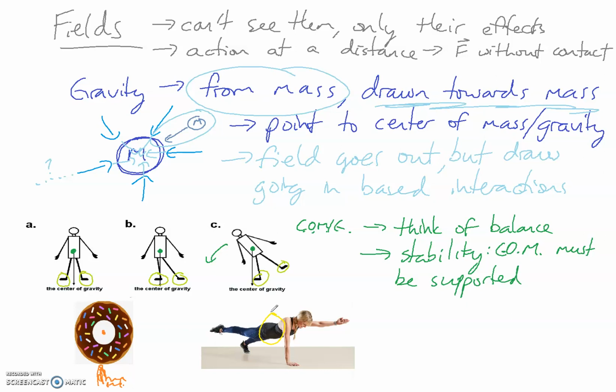What we could do is join a line between her hand and her foot. Her center of gravity would have to exist exactly on that line somewhere, because if she's going to be balanced and supported, her center of gravity must be above and between the supports.